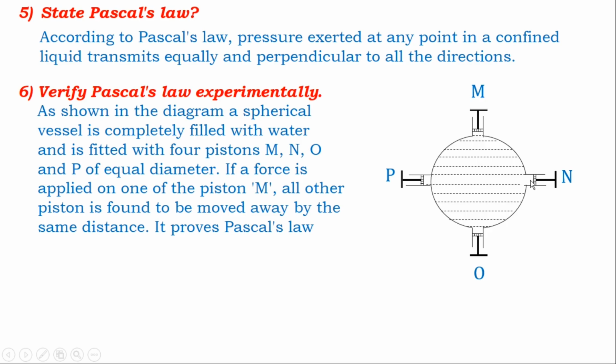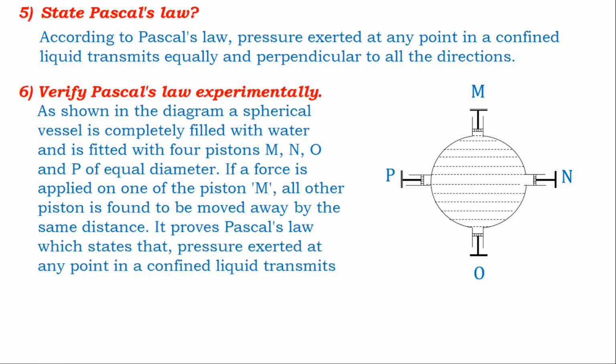If N moves 1 centimeter, then O also moves 1 centimeter and P also moves 1 centimeter. It proves Pascal's law, which states that pressure exerted at any point in a confined liquid transmits equally and perpendicular to all the directions.